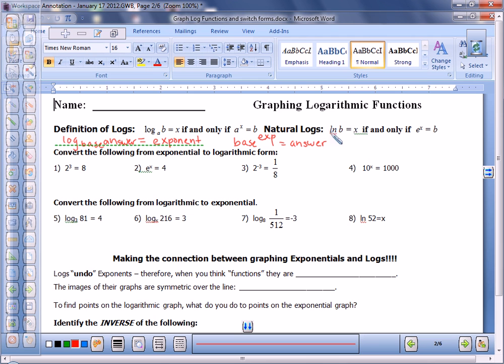So what does this mean? Natural log means log base e. It's kind of shorthand for log base e. So we won't ever write log base e. Instead of writing log base e, we'll write natural log. Is that e a subscript? It is.